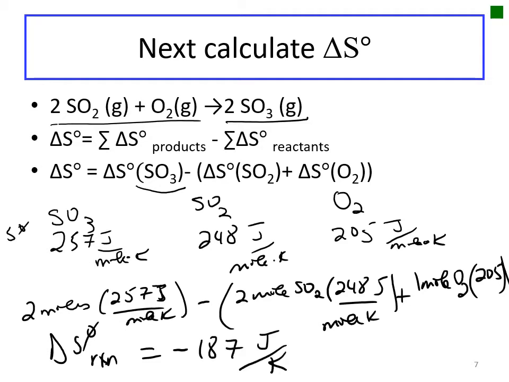The moles are going to cancel. Note our delta S here is negative, which makes sense since this is coming together and becoming more ordered.